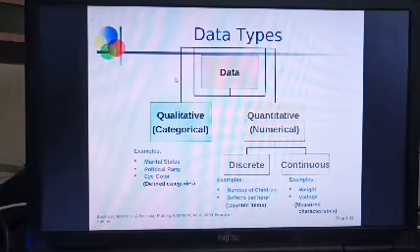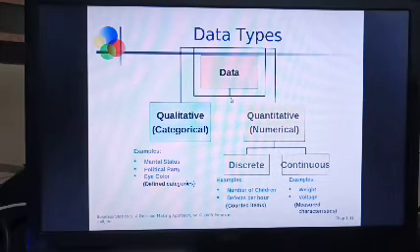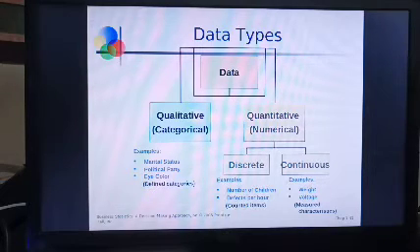Okay, data types. Here, finally, the book got it correct: qualitative and quantitative. There are basically two types of data. Although in the C programming language, the concept of data types is a bit different.